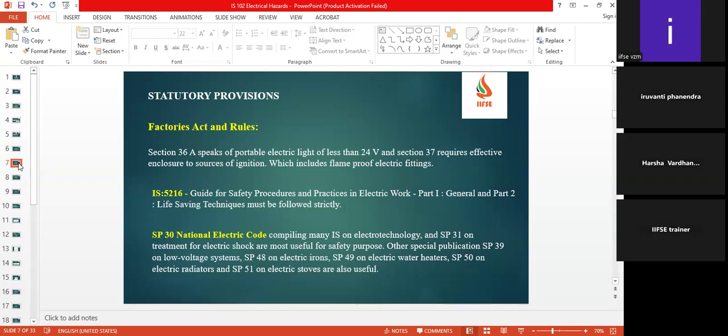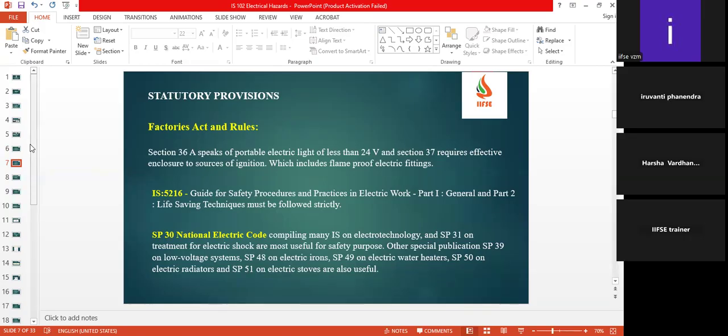The 24 volts is to avoid the generation of heat, so that a 24 volts bulb will not generate more heat, which could otherwise ignite a hazardous atmosphere, even for chemicals having a low LEL, lower explosive limit.